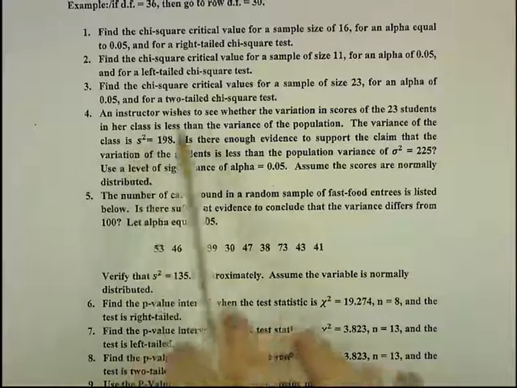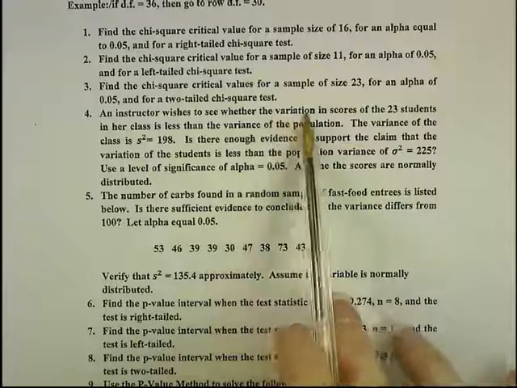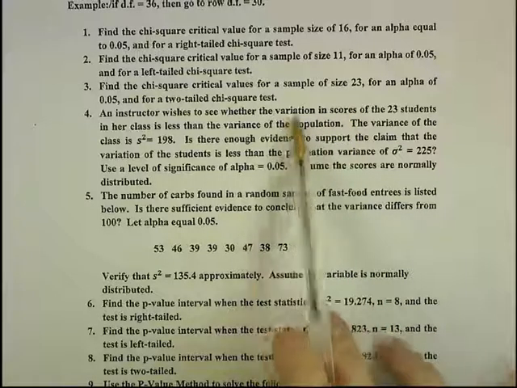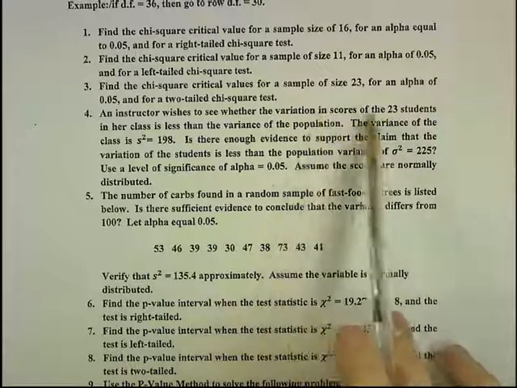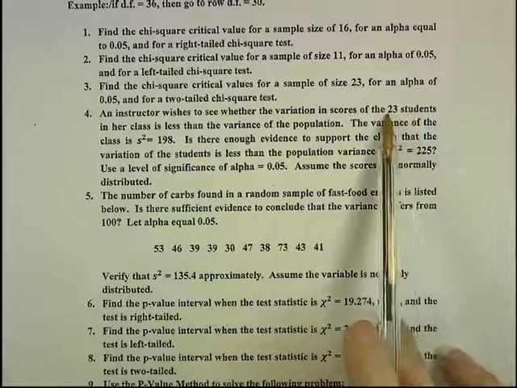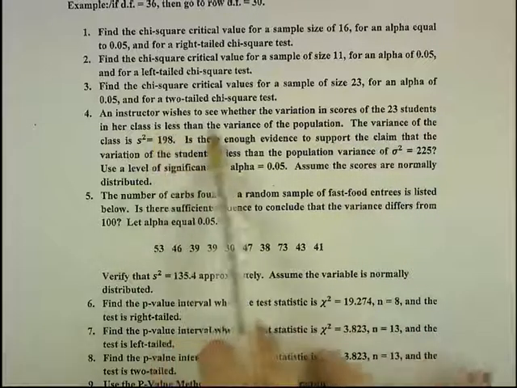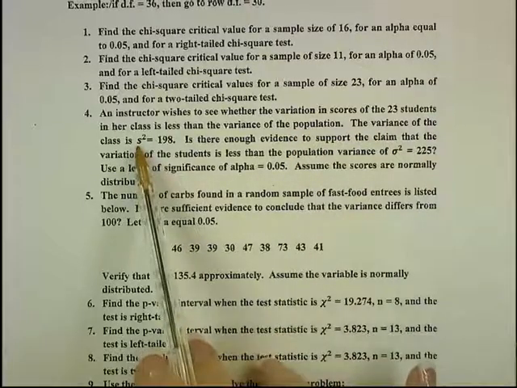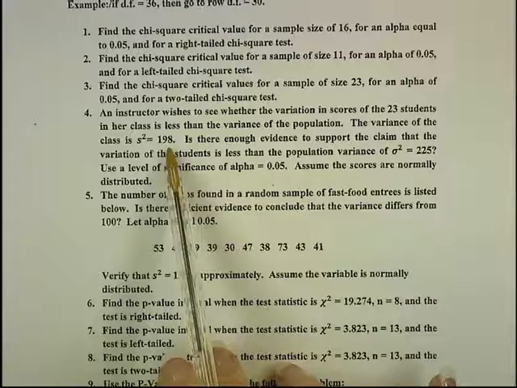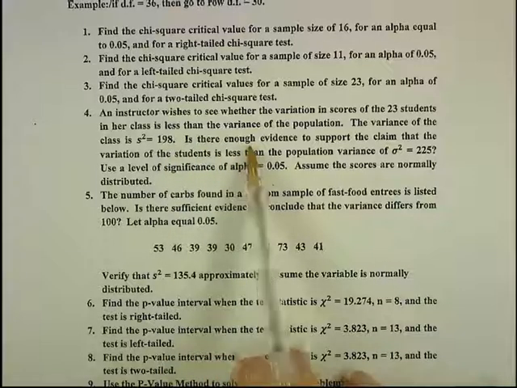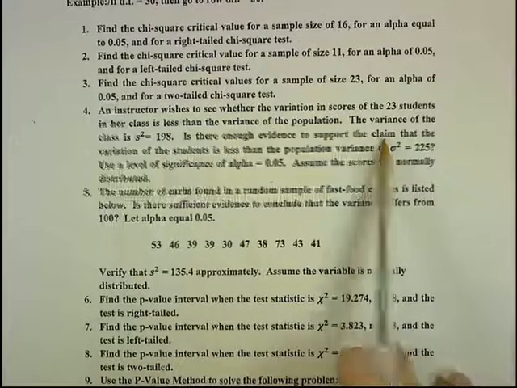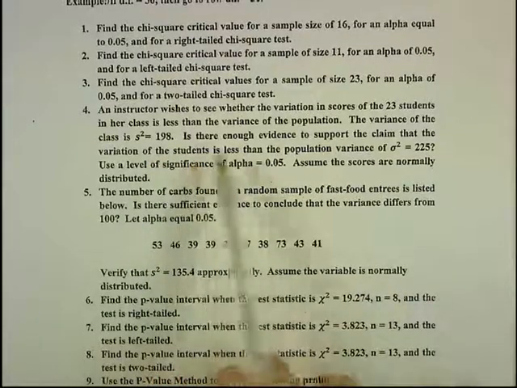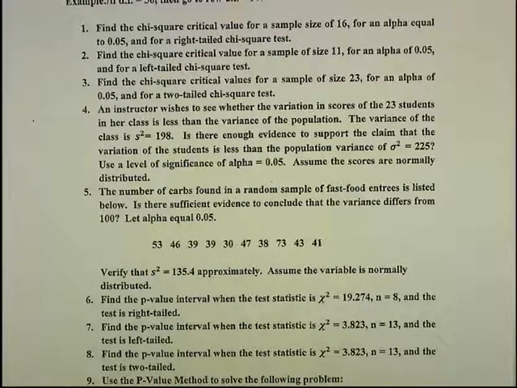An instructor wishes to see whether or not the variation in scores of the 23 students, that's your n, in her class is less than the variance of the population. The variance of the class is S squared equals 198. Is there enough evidence to support the claim that the variation of students is less than the population variance of 225? Alpha is 5%.